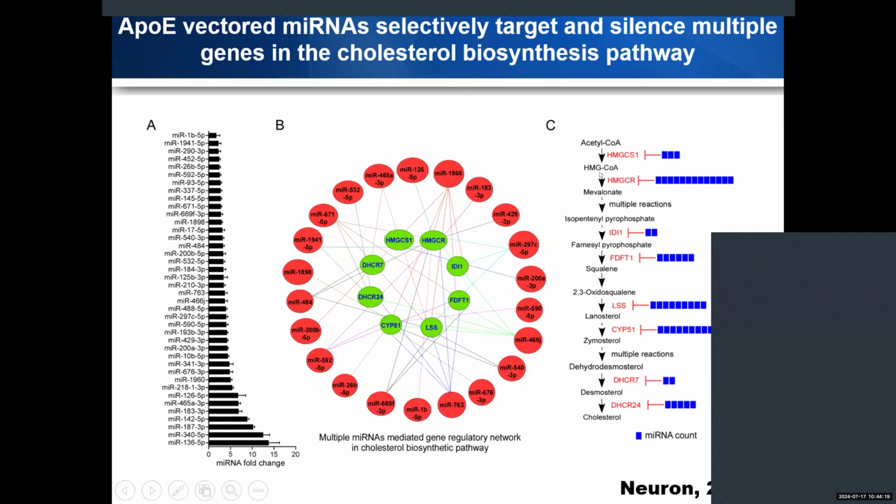For example, in the cholesterol biosynthesis pathway, HMG-CR is the key rate-limiting enzyme. This enzyme can be targeted by 13 different microRNAs in the ApoE particle, which means the ApoE particle can carry many different microRNAs to silence the pathway.